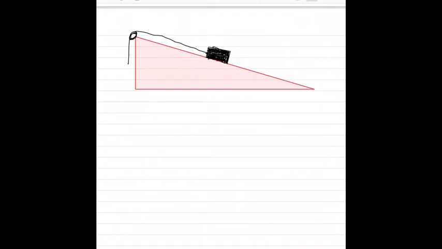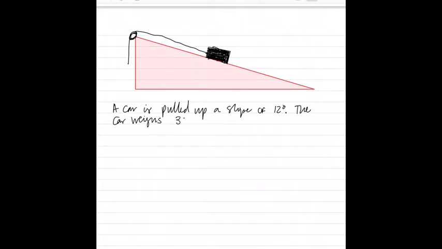Okay, so this is a car. So let's write the question. A car is pulled up a slope, let's say 12 degrees. The car weighs 3,000 newtons.